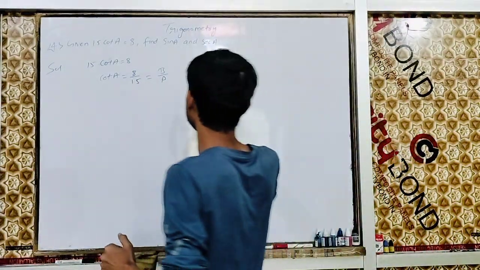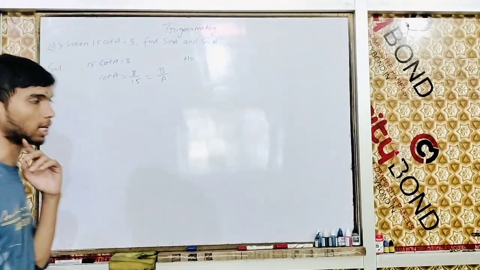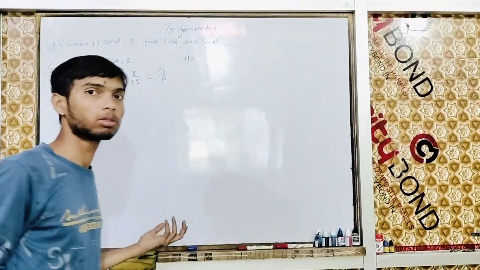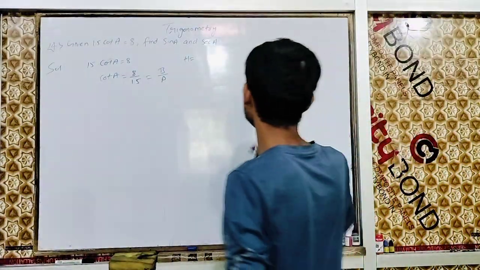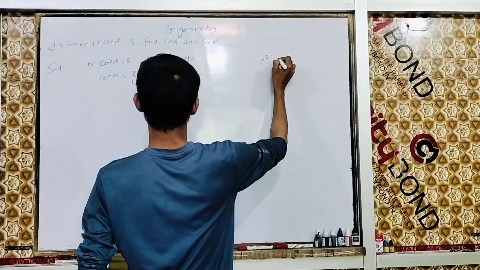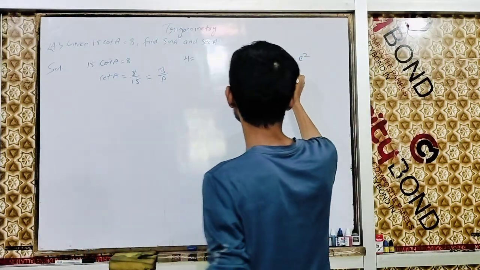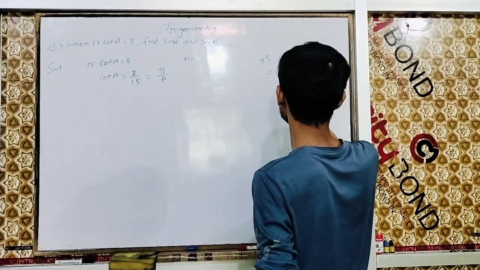We don't have the measure of H, the hypotenuse side of the triangle. Here we will use the same Pythagoras theorem. So for H, B square plus P square. P is 15 and B is 8.